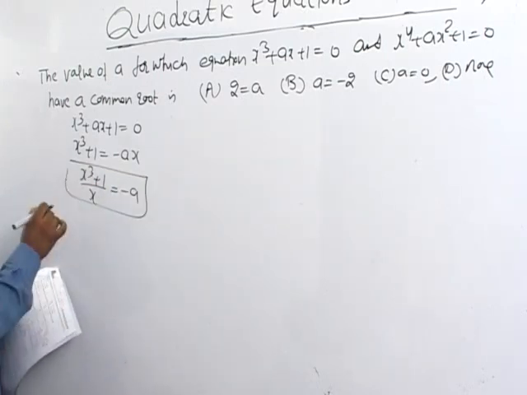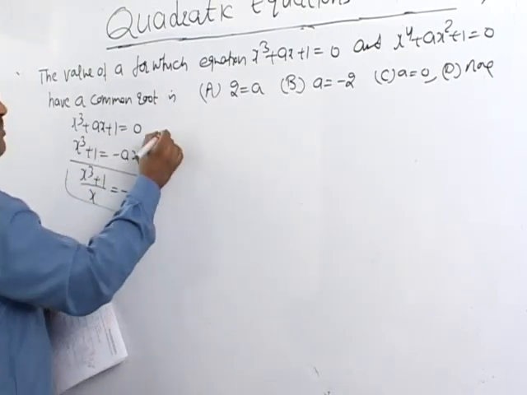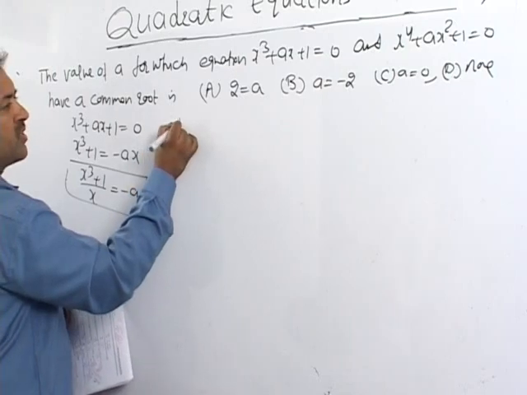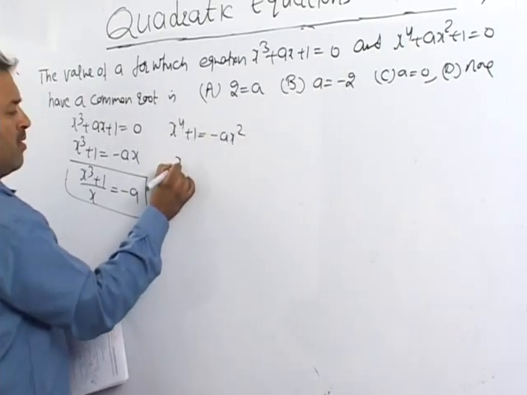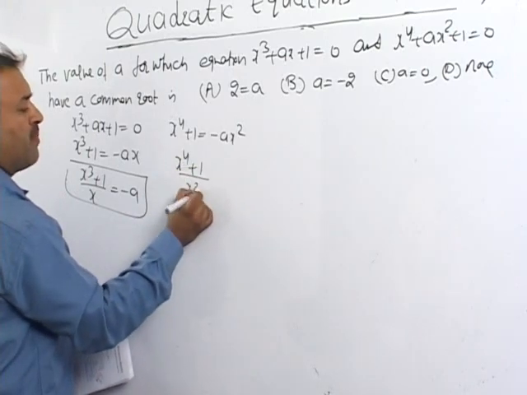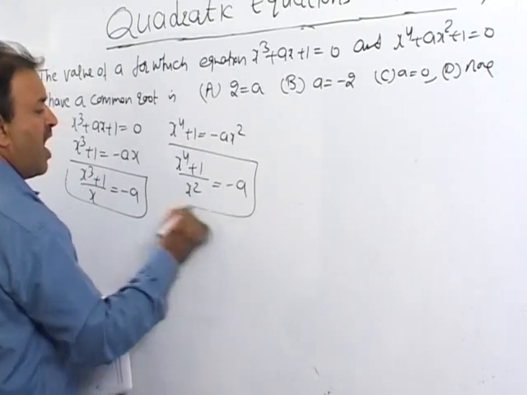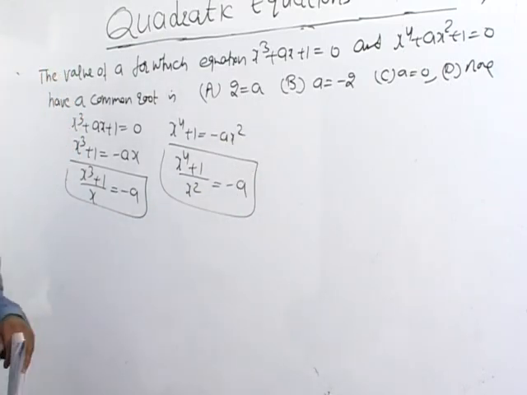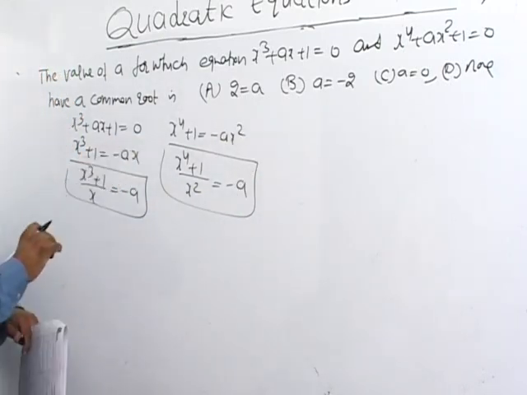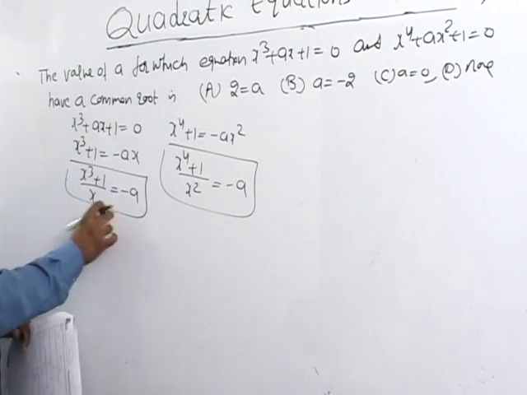I got the value of minus a from the first equation. Similarly, equation number 2, x4 plus 1 is equal to minus ax square, so x4 plus 1 upon x square is minus a. I also get the value of minus a from the second equation.